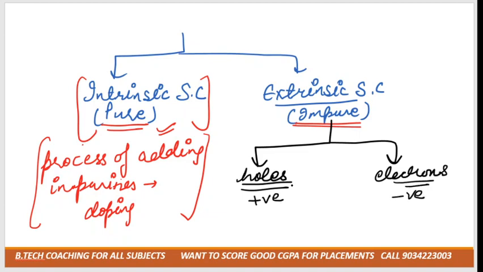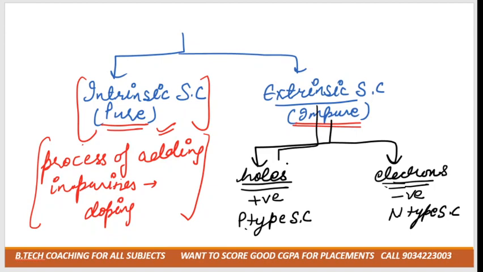If we add holes to the existing semiconductor, that will form a p-type semiconductor because it will carry more positive charge. And if we add electrons to the semiconductor, that will form an n-type semiconductor, right? So basically, the extrinsic semiconductor is divided into two types. One is the p-type semiconductor and another one is the n-type semiconductor. Clear?